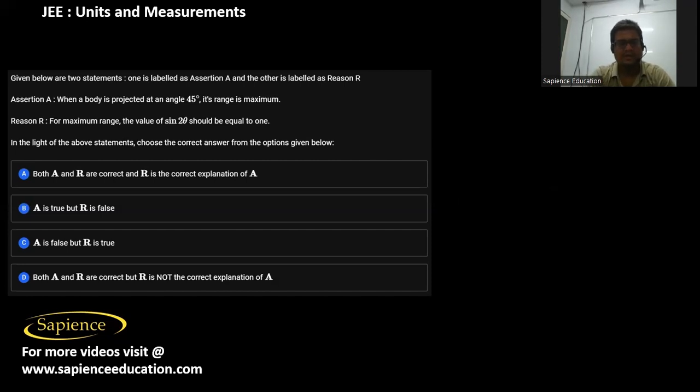Given below are two statements. One is labeled as assertion A and the other is labeled as reason R. Then it is told assertion A is when a body is projected at an angle of 45 degree, its range is maximum. So it is true, since r equals u square sine 2 theta, 2 into 45 degree by g.